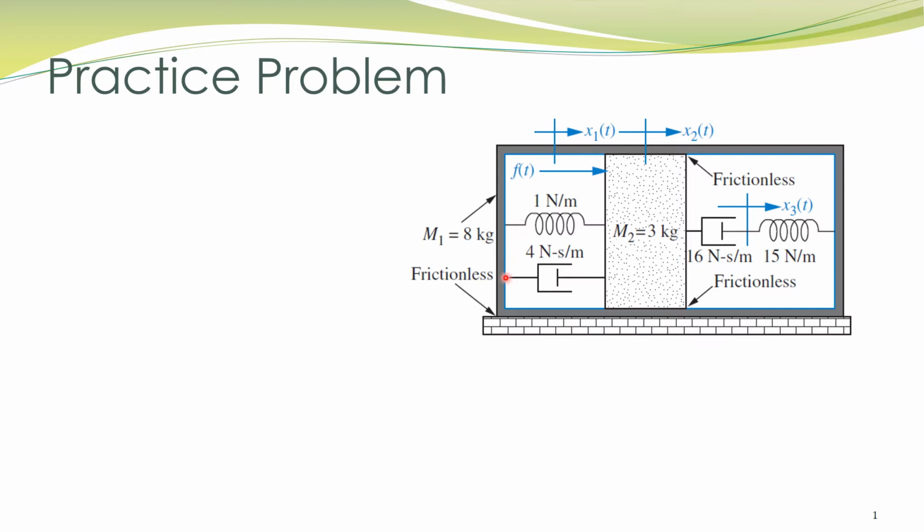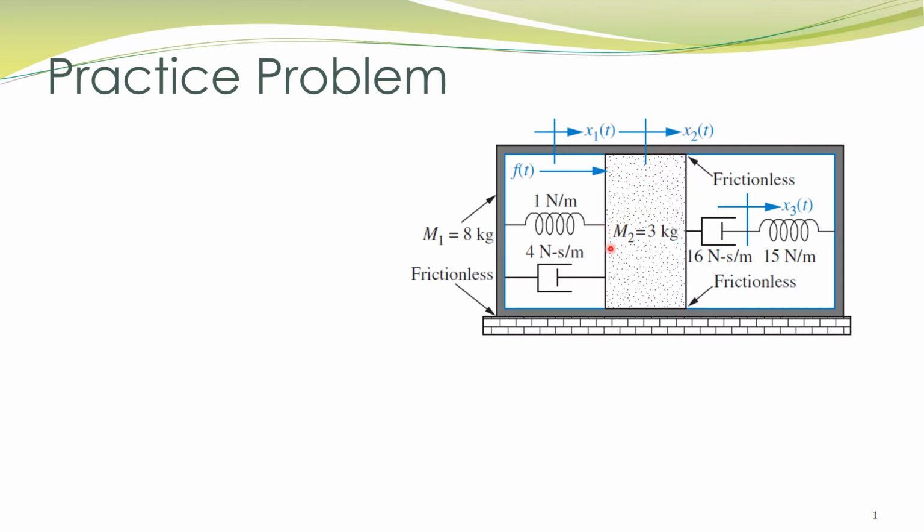Likewise, this side of the damper is fixed with this structure, and the displacement of this end is x1. The other sides of this spring and of this damper are connected to this mass, and this end can have a different displacement from the displacement of this structure, so let's name the displacement as x2.